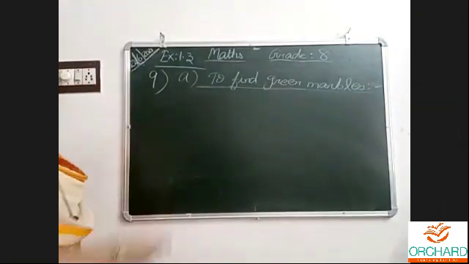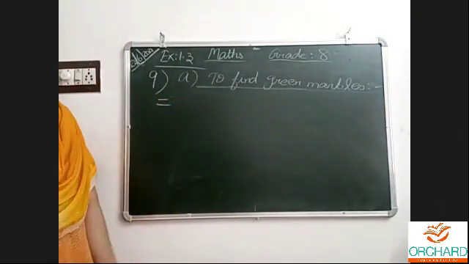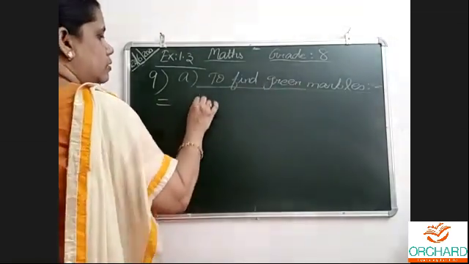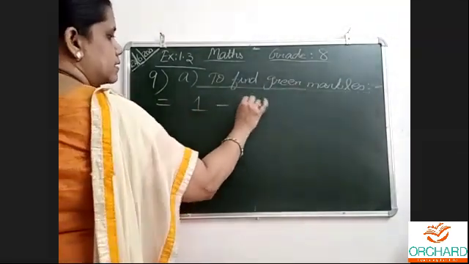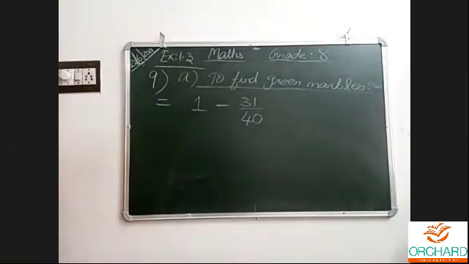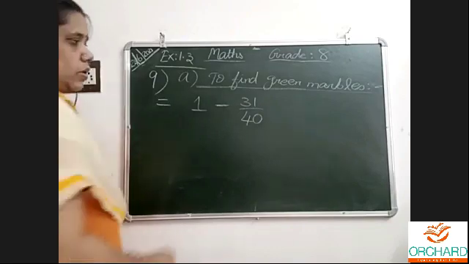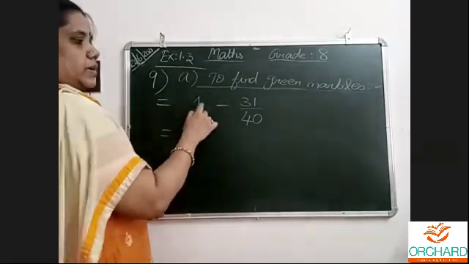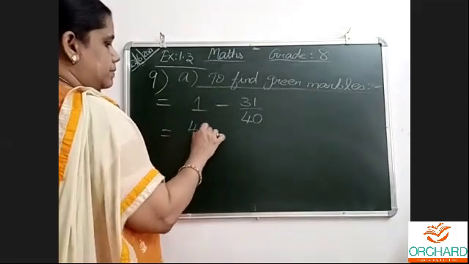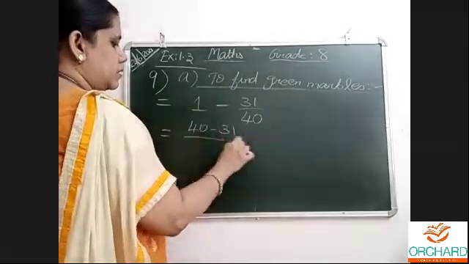Now green marbles. Number of green is equal to 1 minus 31 by 40. This is red and blue together. So now for this, LCM, 1 by 1. 4 1s are 40, so 40 minus 31 by 40.